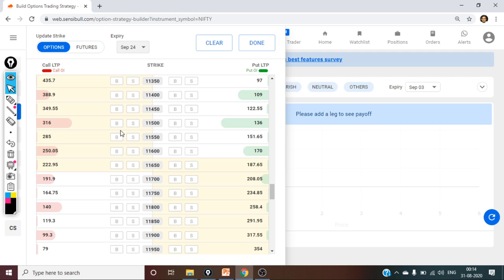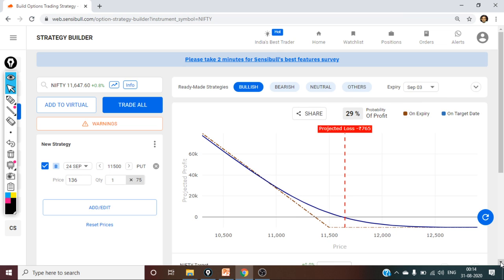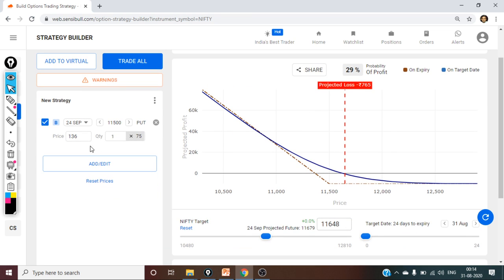So as we think that Nifty is going to fall below 11,500, we are going to buy a put option. That is the put option we buy. You can see the price of the put option is 136 rupees.